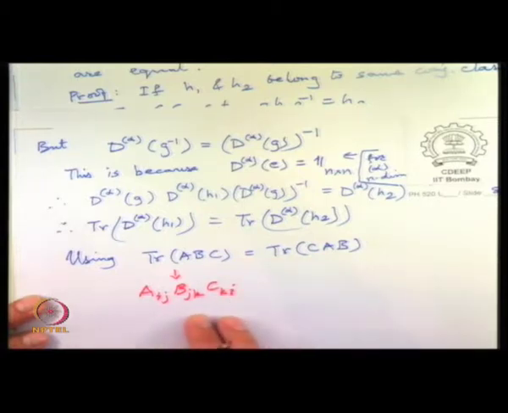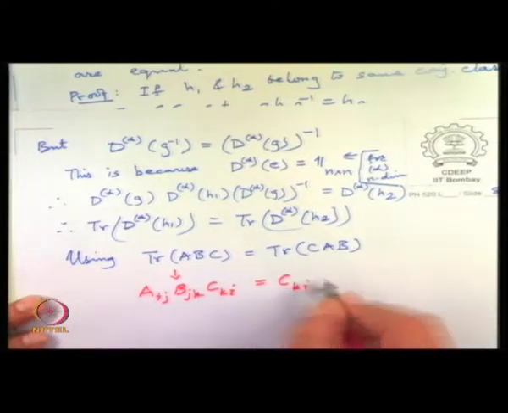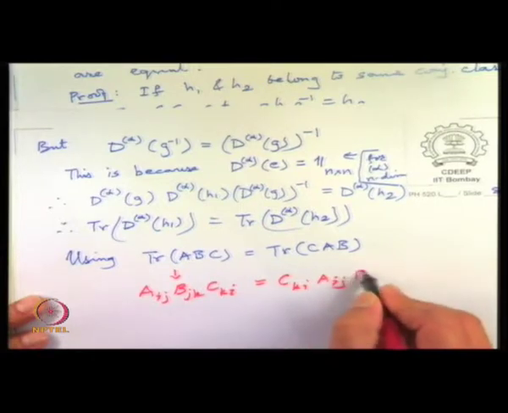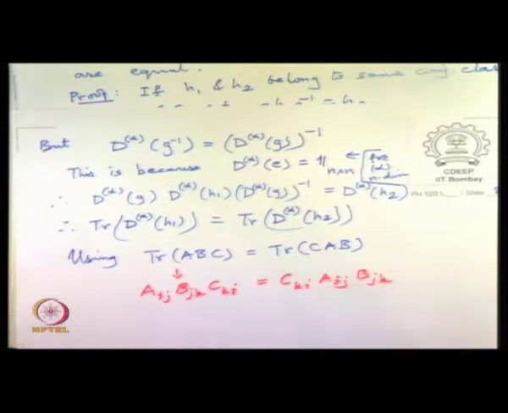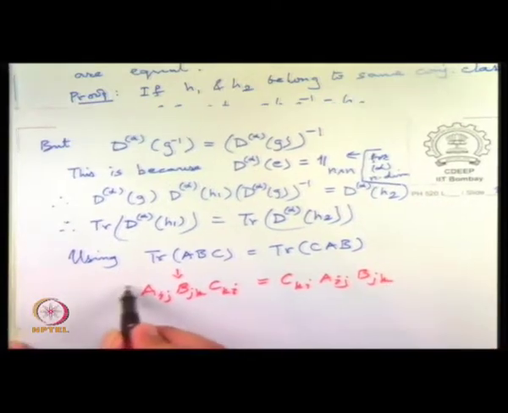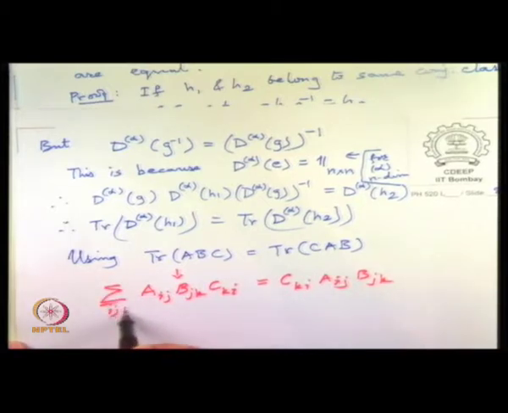But once it is tied up like this, it is equivalent to Cki, Aij, Bjk. So we have suppressed the explicit statement of summation, but we can put it in if we like.